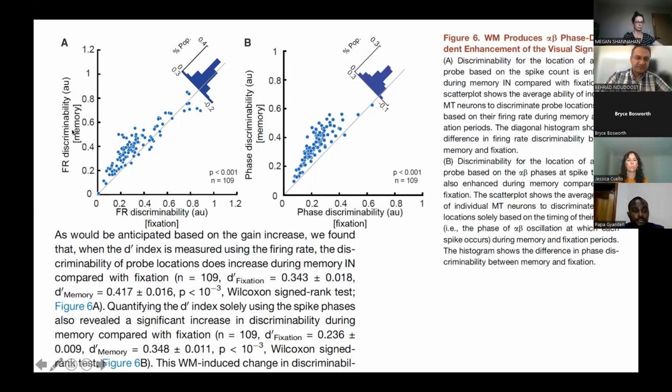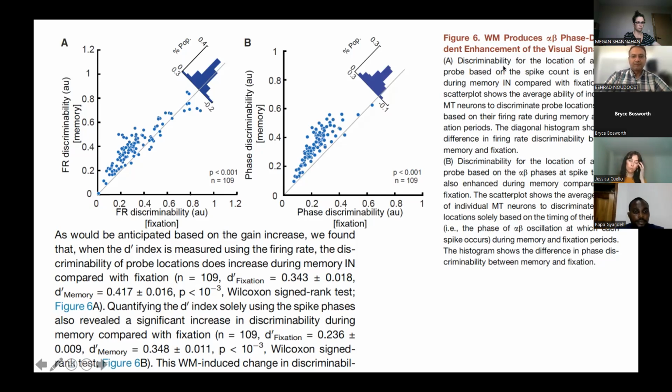The difference between these two values was significant because the p-value using the Wilcoxon signed rank test is less than 10 to the power of minus 3. It's a biostatistics class that you need to take to understand why we used this test and what the p-value means. But this is how you read a text that is related to a figure.